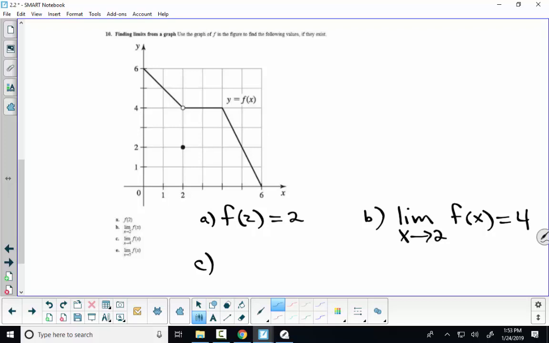The limit as x approaches 4 on f of x is also equal to 4. Do y'all agree?